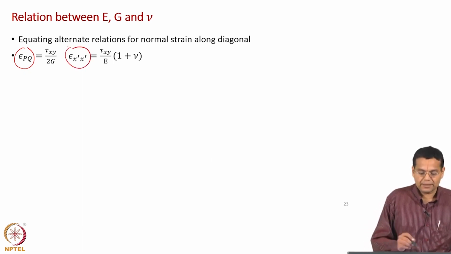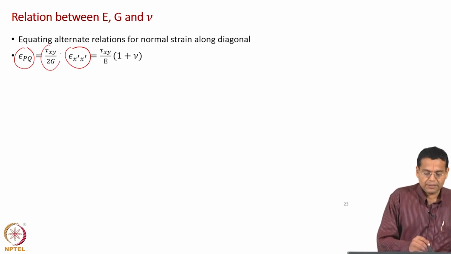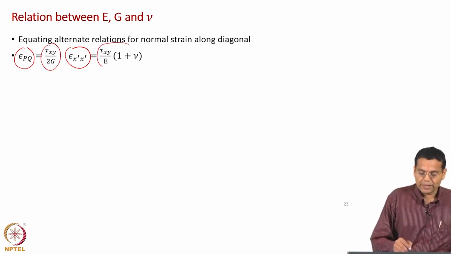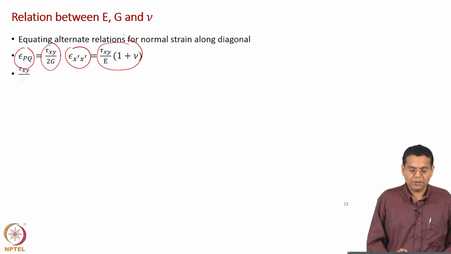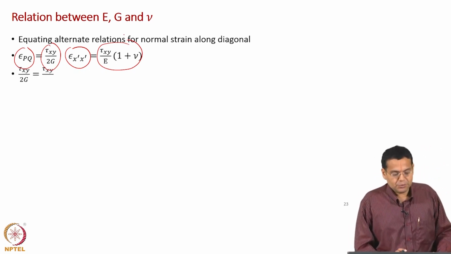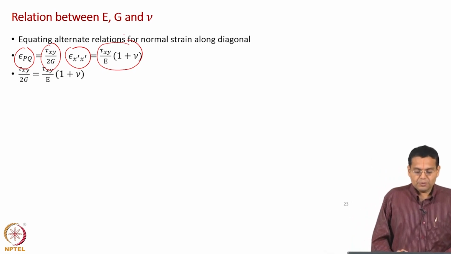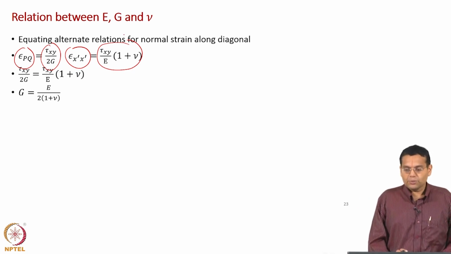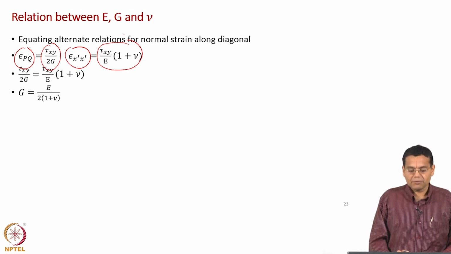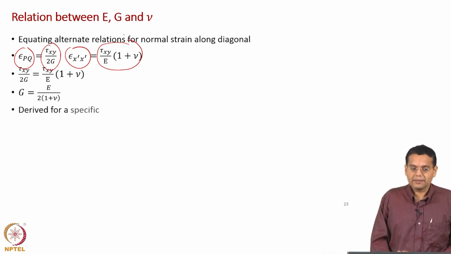First time tau xy by 2G, second time tau xy into 1 plus nu by E, both should be same. So, when you equate these two, you get the relationship G is equal to E by 2 into 1 plus nu, and that is what we were proceeding towards. We wanted a relationship between E, G and nu.